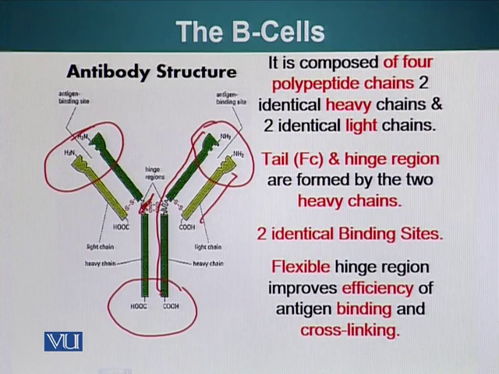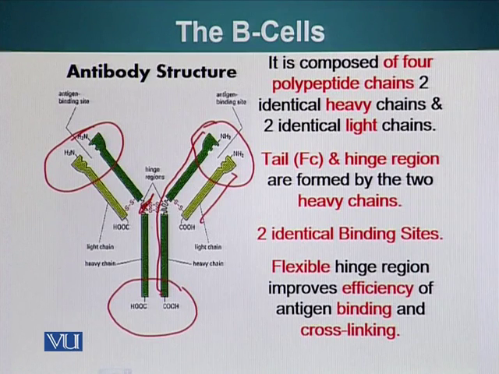So flexibility of this hinge gives these 2 antigen binding regions the ability to cross-link different antigens and form larger structures that can be recognized by, for example, phagocytic cells, which can come and engulf those structures. The FC region is also a very important region of the antibody.